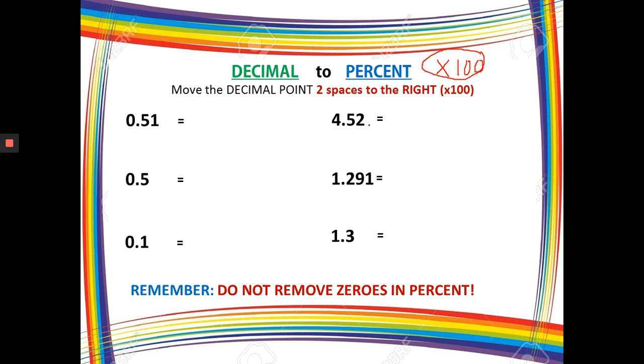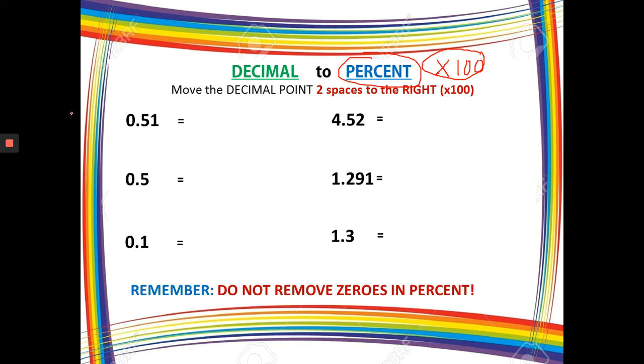Do not apply this if the multiple is not a base 10 number. Since we're dealing with percent, and percent means 100, we will multiply by 100 to find the percentage.